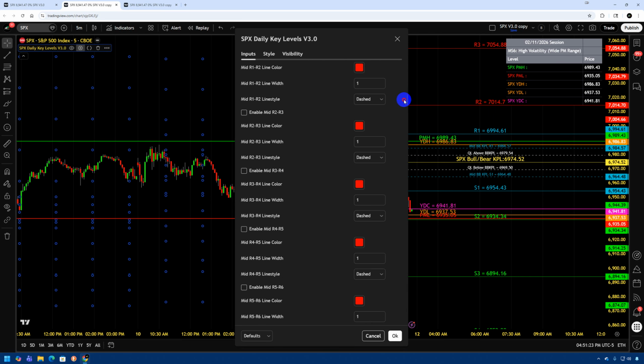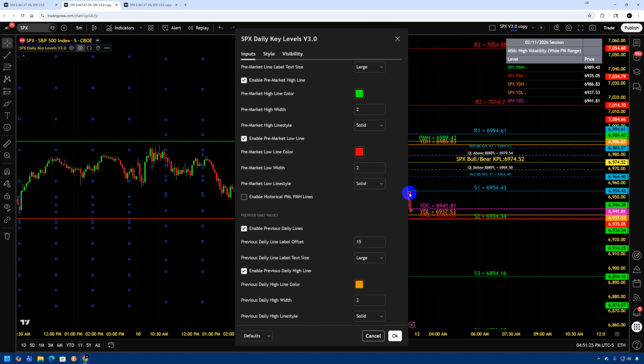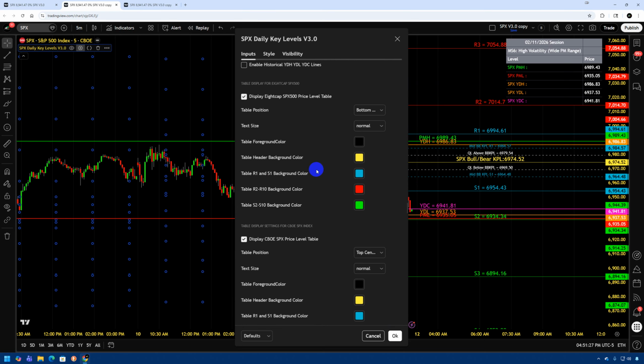Okay, so the next thing you want to do is turn off these tables so they're not in the way. When you're on SPX, it only displays the SPX chart, not the ACAP chart. There are only multiple charts on a table if you're on the ACAP SPX 500 symbol. So we're just going to assume that most of you are doing this on either XSP or SPX for purposes of this video.